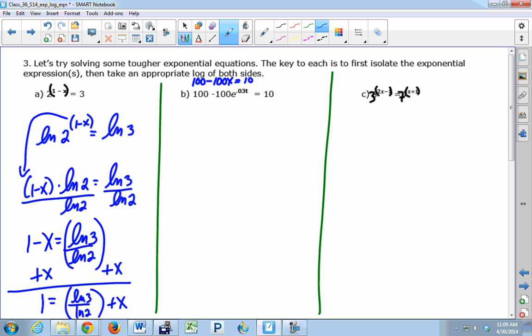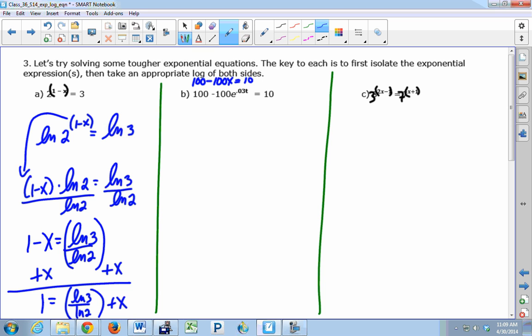If I gave you this equation right here, 100 take away 100x equals 10, what would you do to solve for x? You'd subtract 100 from both sides because your goal is to isolate the term with your unknown in it, right? So it's no different when we have exponential equations. Your 0.03t is what we want to solve for t. We've got to isolate that.